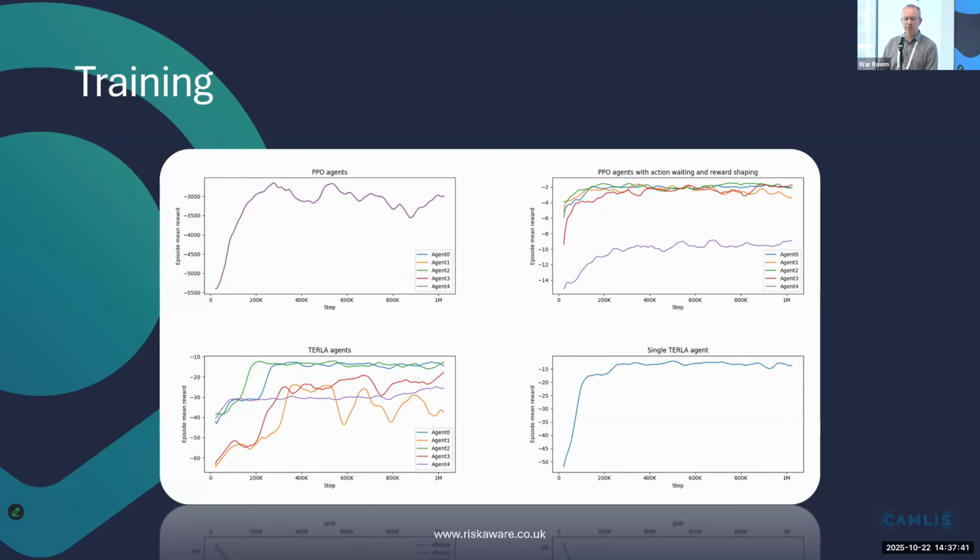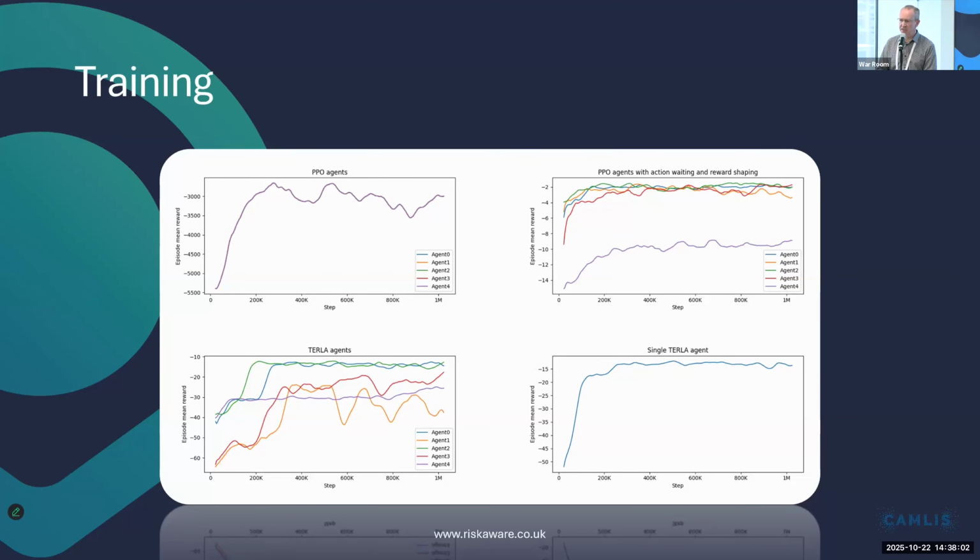So we trained 4 different types of agents, all using the same hyperparameters and all out to 2,000 episodes of Cage Challenge 4. These are training curves on this slide. So we're looking at how the mean episode reward evolved over the course of training.